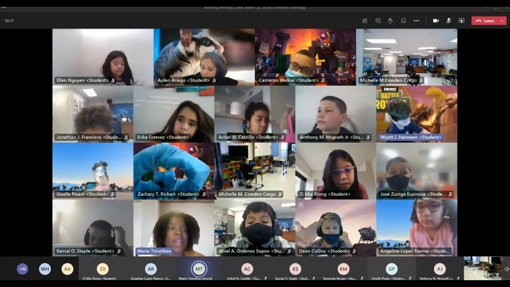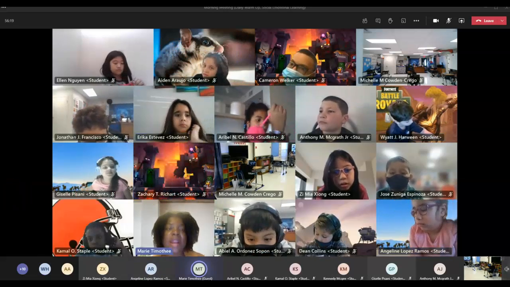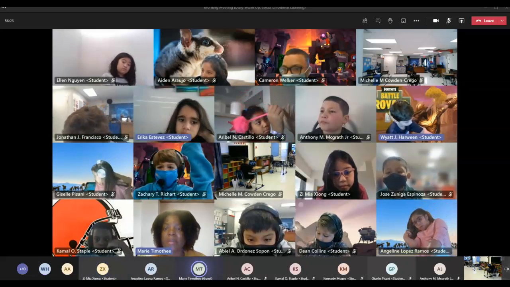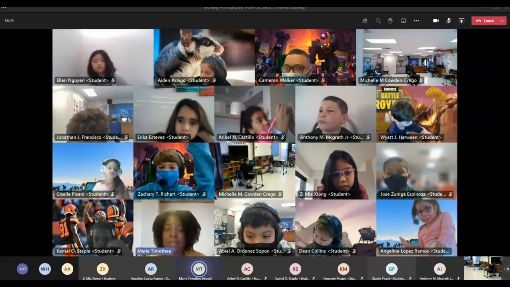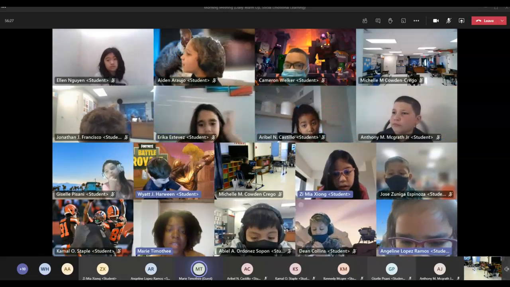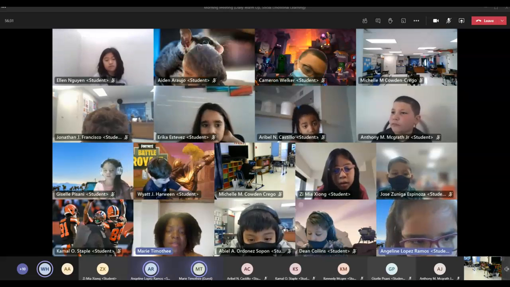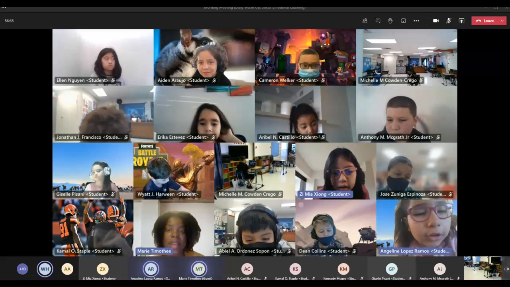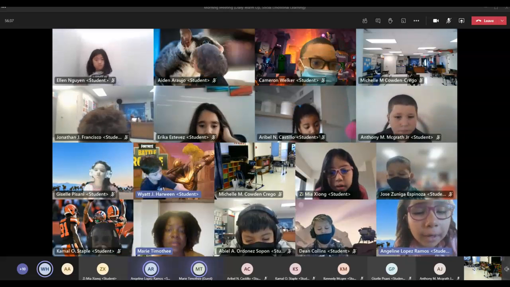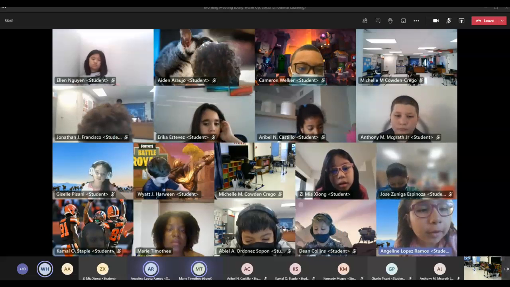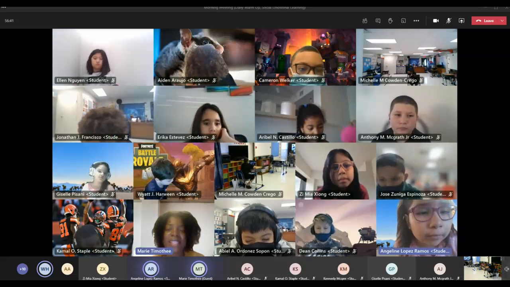Okay, so do you guys remember how a photograph is different from an illustration? The illustration was drawn by an artist and the photograph was taken by a camera. Good job, Angeline. Yes.